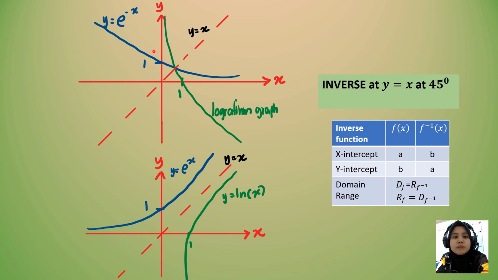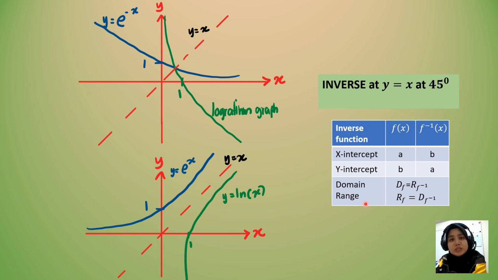Okay, the y-intercept of the blue graph is 1. When it goes to the inverse, this 1 will not be the y-intercept, it will become the x-intercept of f inverse. Look at the example here. Okay, that's it. If you make a table, it's actually easier for you to identify the values.